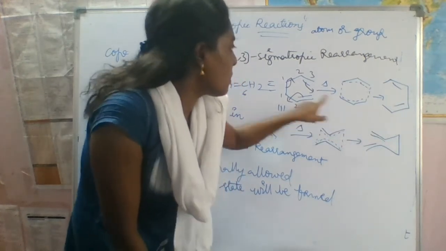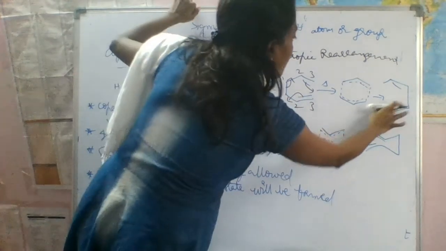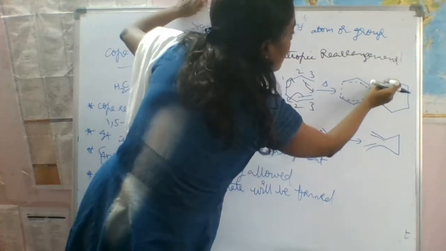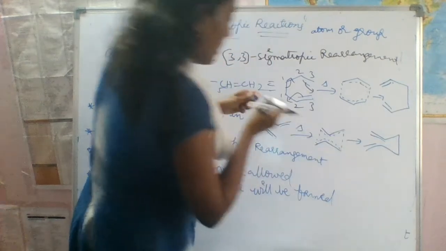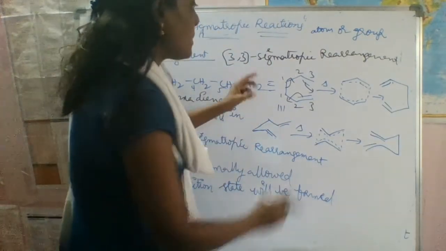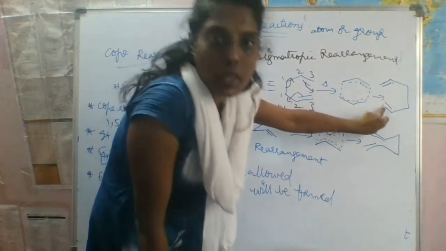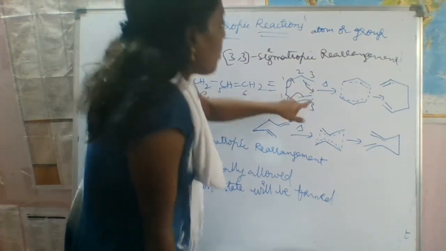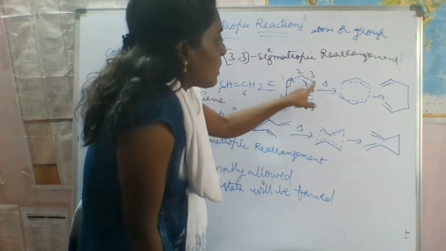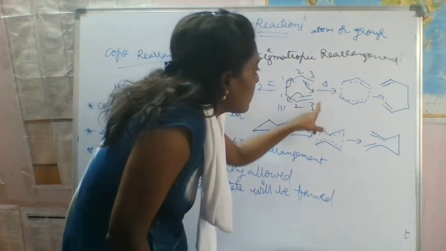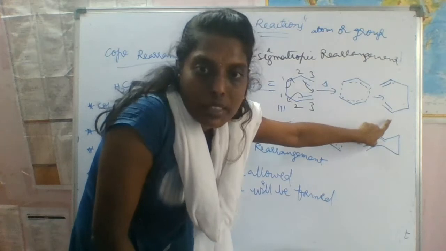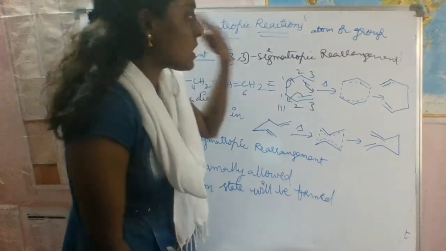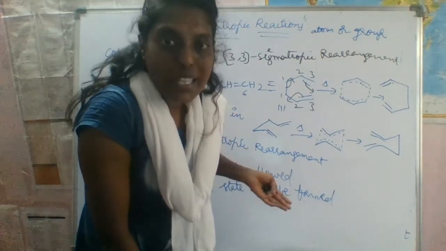This is exactly opposite to this one, looks like a mirror image. Here, 1, 3, there is a new bond between these 3 and 3. That's why it is called a 3,3 sigmatropic rearrangement.